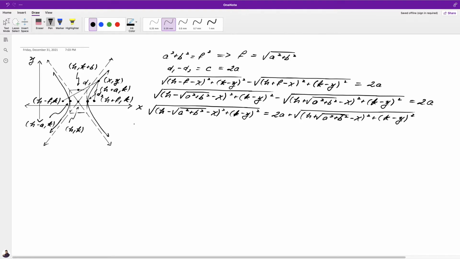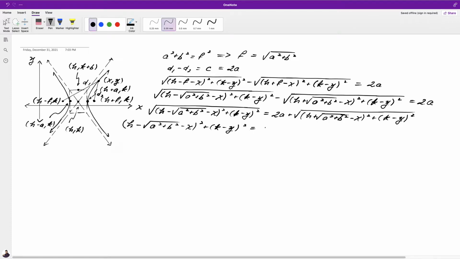So squaring the left-hand side, we're going to have h minus the square root of a squared plus b squared minus x, okay, all squared plus the quantity k minus y squared. Okay, taking the square root of a radical is just the same as expressing the radicand itself.